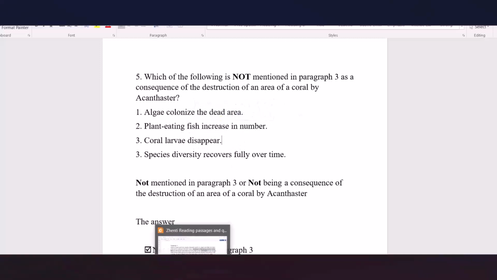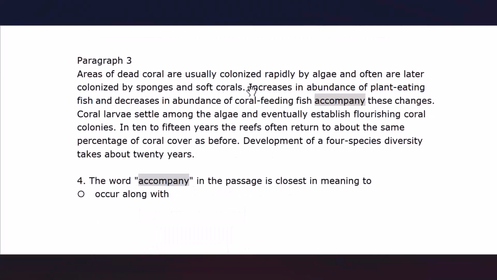Okay, going back to the paragraph. In the second sentence, increases in abundance of plant-eating fish and decreases in abundance of coral-feeding fish accompany these changes. These is a demonstrative pronoun. But what changes? Changes mentioned in the previous sentence here. And what are the changes?